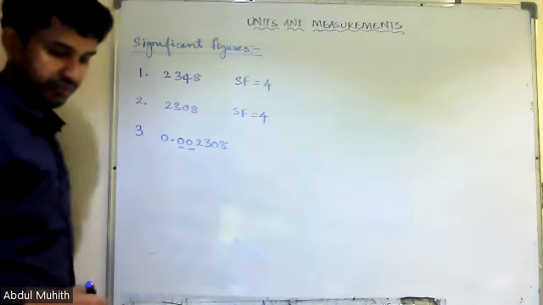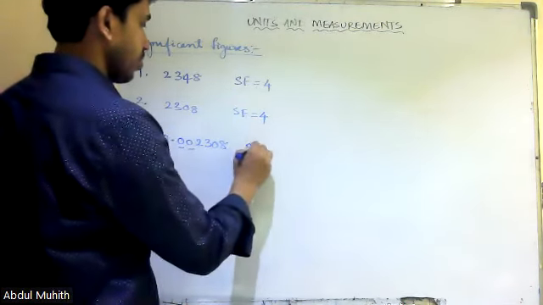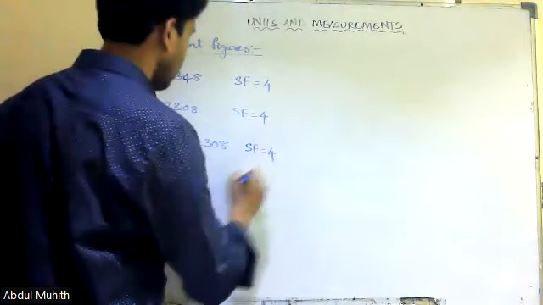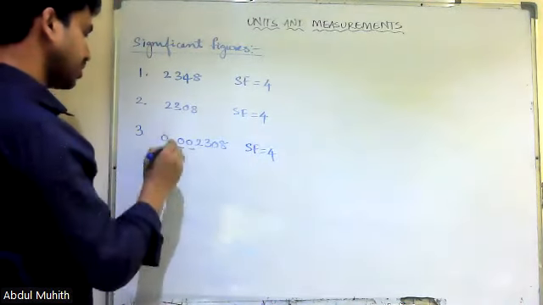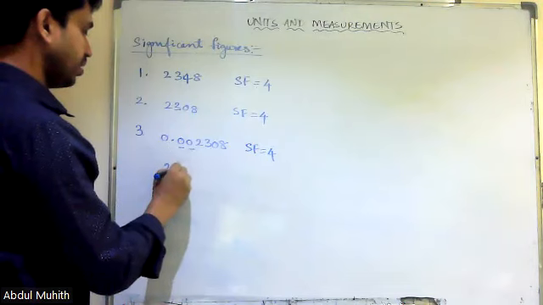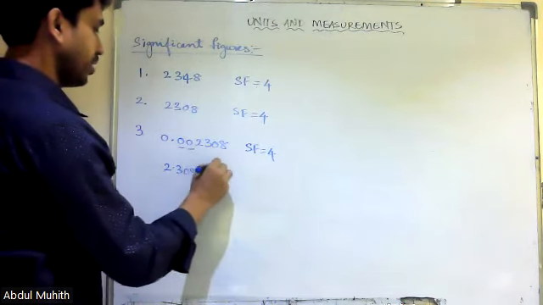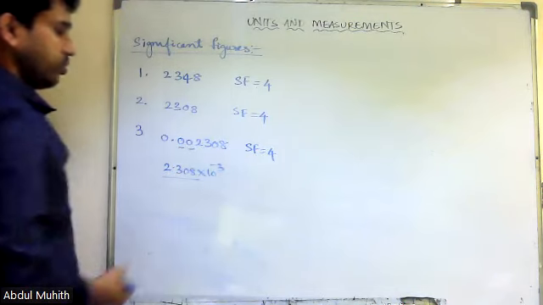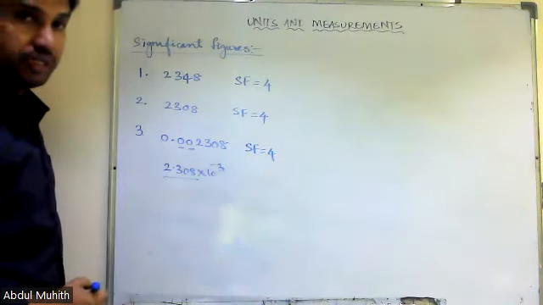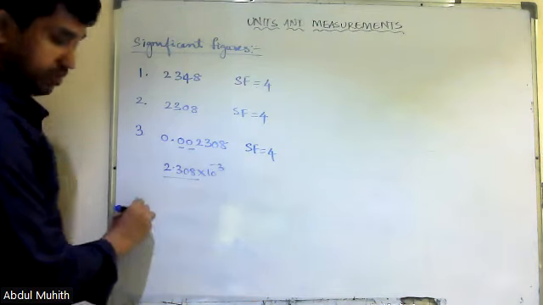So what is the significant figure? It is 4 again. Why? Because we can write it in the standard form, 2.308 into 10 to the power of minus 3. So we have 4 significant figures. Is that clear? Fourth one.